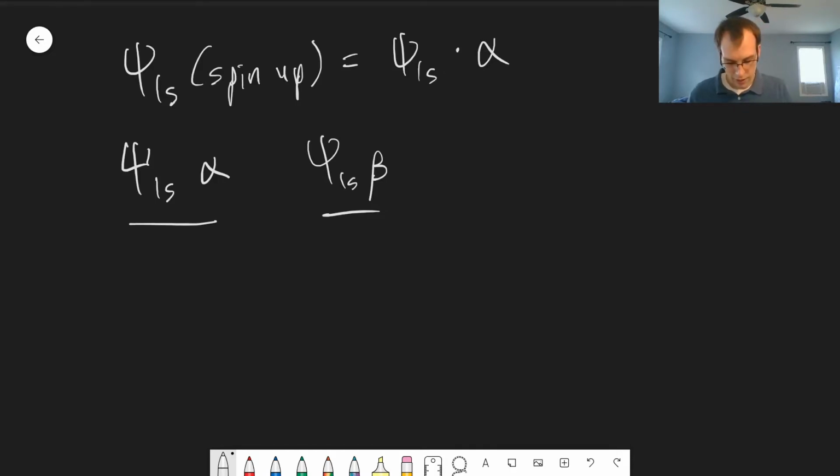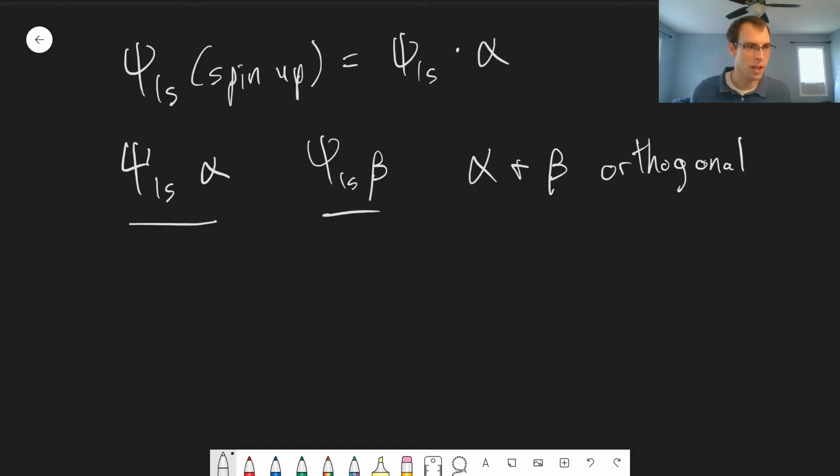One key thing is that the alpha and beta functions are orthonormal, or they're orthogonal, and we assume that they're normalized as well, or we treat them as normalized.